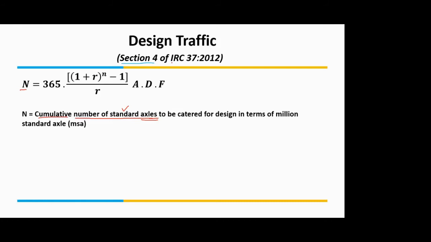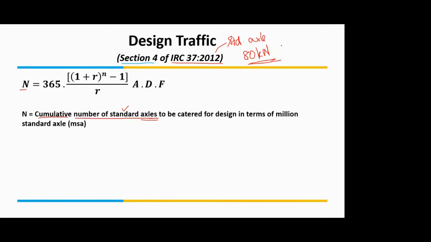According to IRC, the standard axle that they have considered is the one having a load of 80 kilonewton. So 80 kilonewton is the load coming on the pavement, and that load is considered the standard axle load.